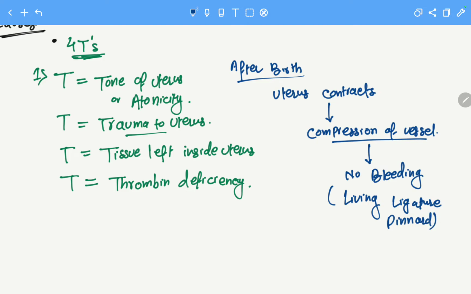So after delivery, normally the uterus contracts, and due to the compression of the vessels, there would be no bleeding.